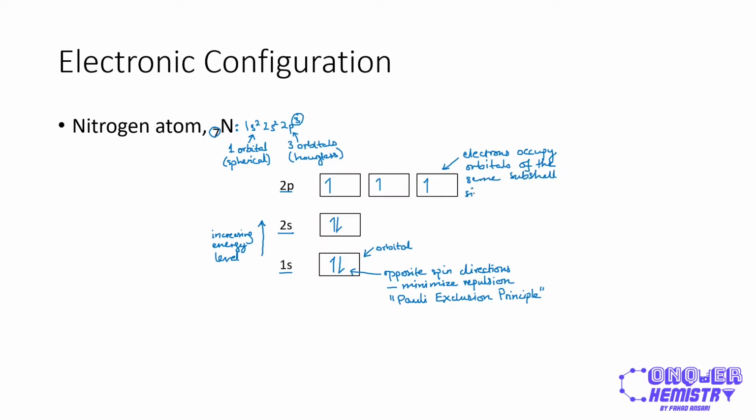Singly means one electron in each orbital before being filled with their second electrons. This is known as Hund's rule.